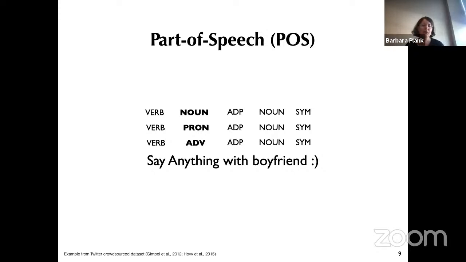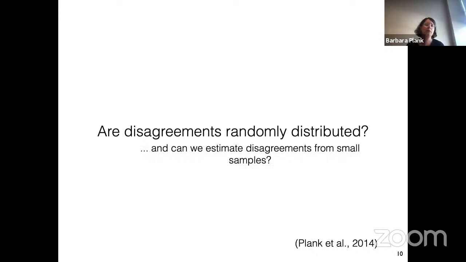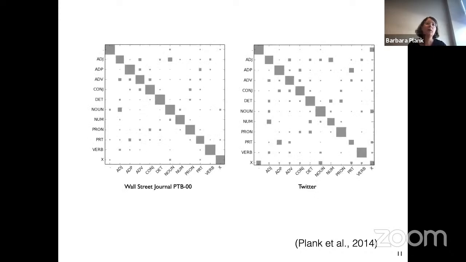Having shown you these examples, the question is: are these disagreements randomly distributed? Or can we estimate these disagreements from presumably even small samples? This is something we looked at some years ago, where we collected doubly annotated part-of-speech tagging information from different domains. What we found is that there are consistent disagreements between different domains. For instance, you see here two confusion plots from the Wall Street Journal on the left side and the Twitter corpus on the right side.